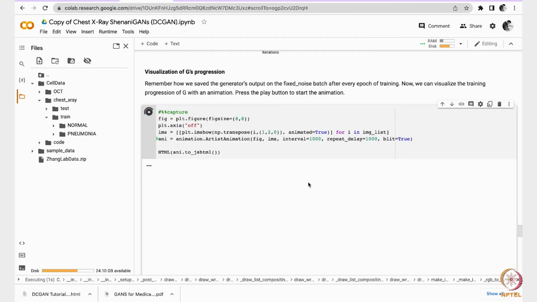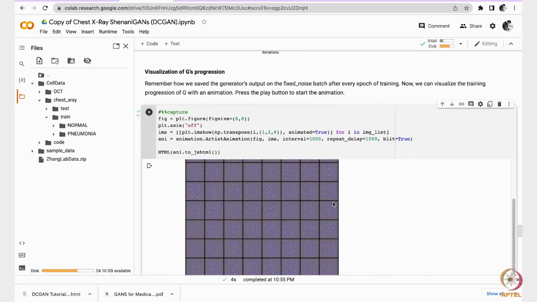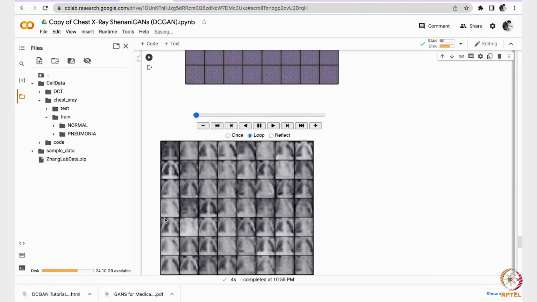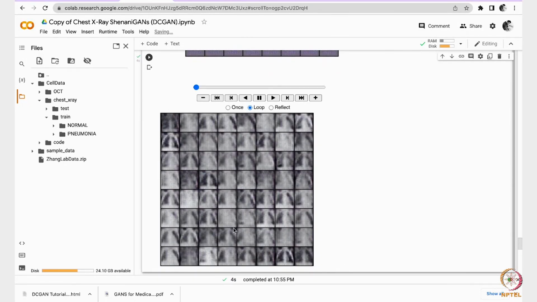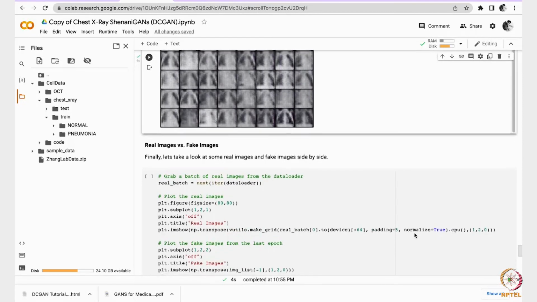Let us see this progression in each and every loop. These are the noise vectors and their corresponding outputs. See here, you can see these images are similar to X-ray images, though not very close, but you can identify them as X-rays.